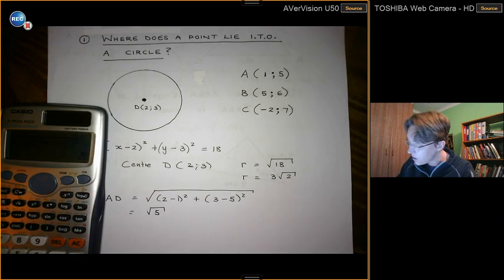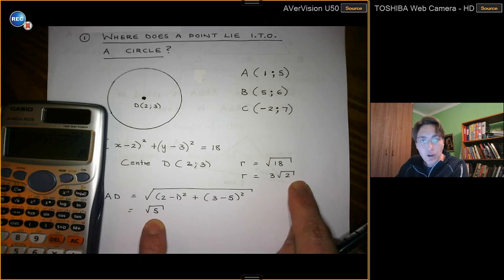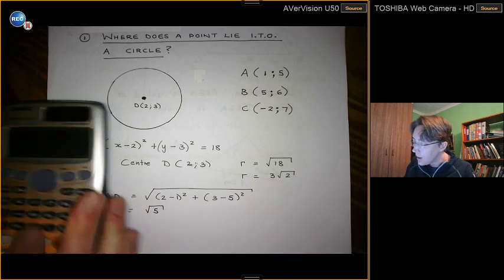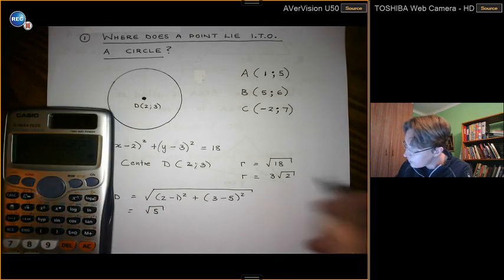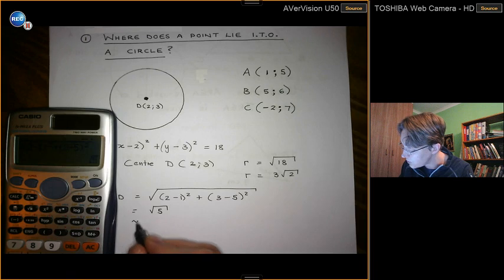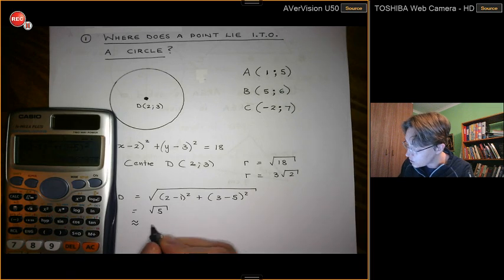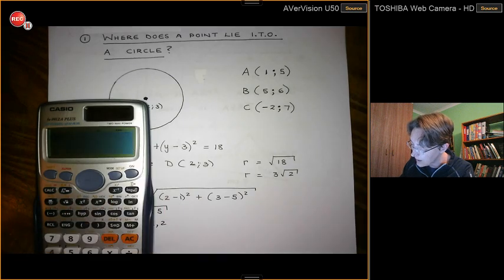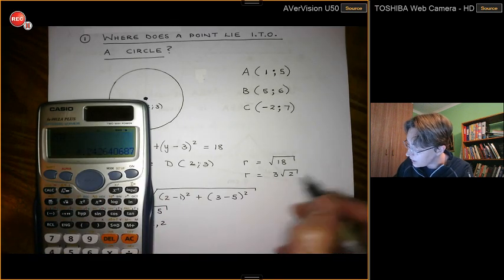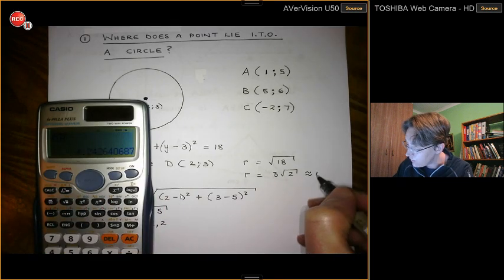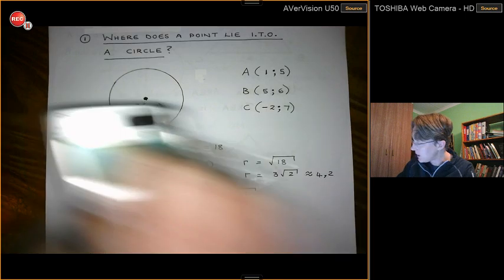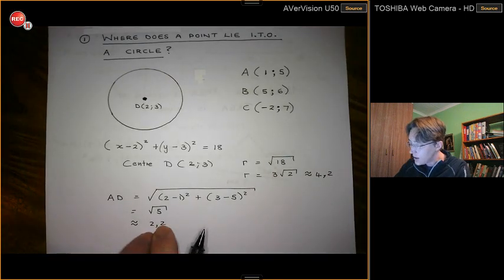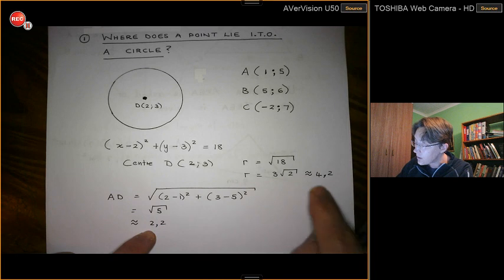Now it's difficult obviously to compare square root of 5 to 3 times square root of 2, but you can go and round it off. So let's round this off to 1 decimal place, which is going to be 2.2. The square root of 18 is then going to be 4.2. So immediately you should be able to see this distance is quite a bit smaller than the radius.